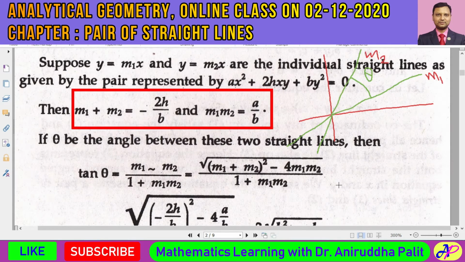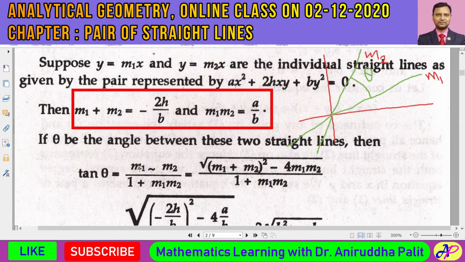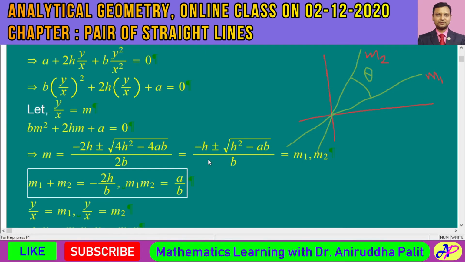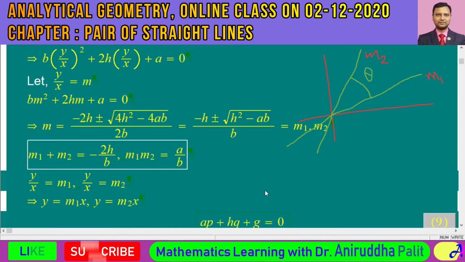So for the time being, let's continue with this m1 difference m2. Over here, m1 minus m2 is there, or m2 minus m1 is there. You see over here, suppose let's write it over here.